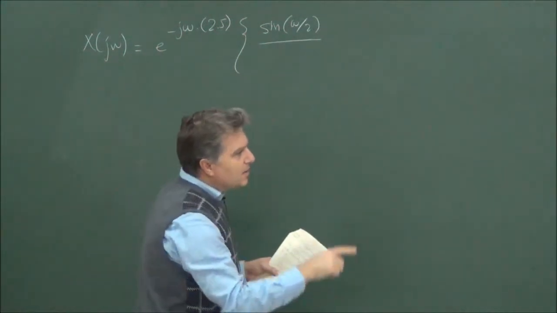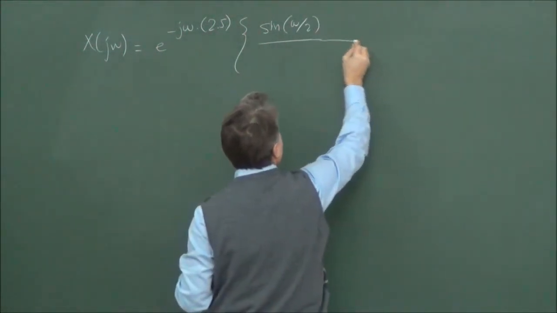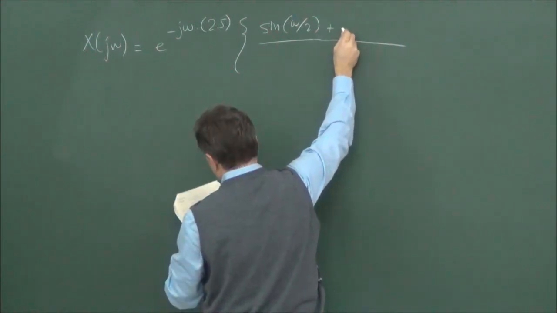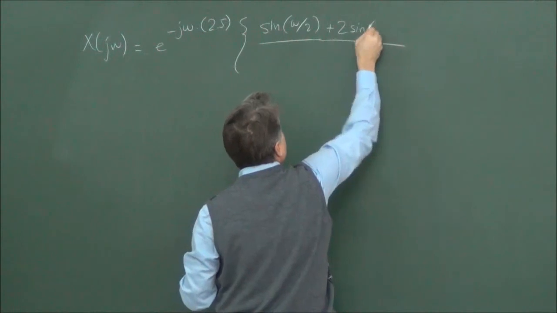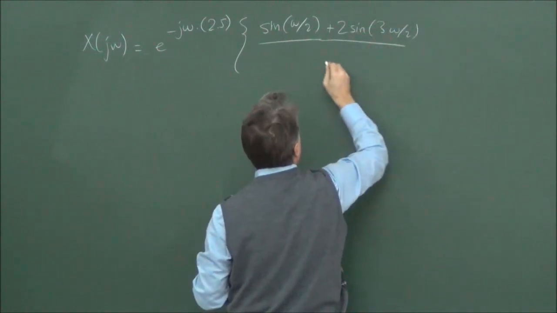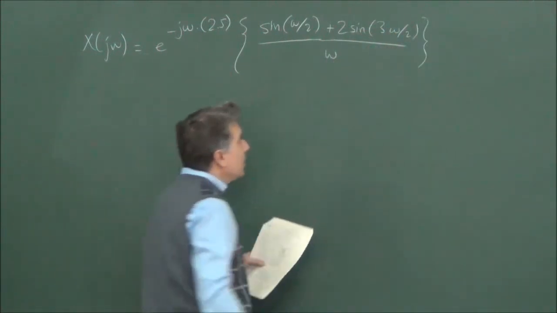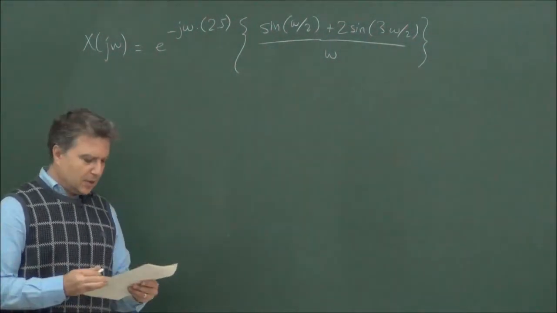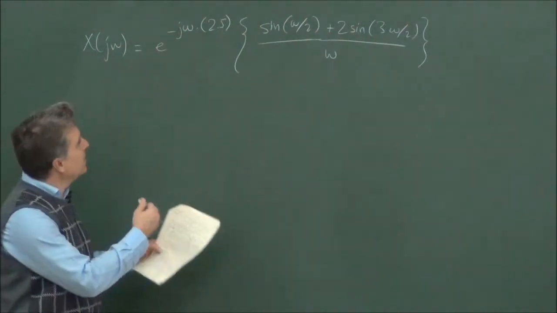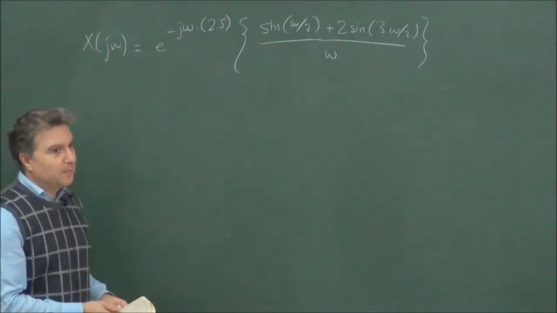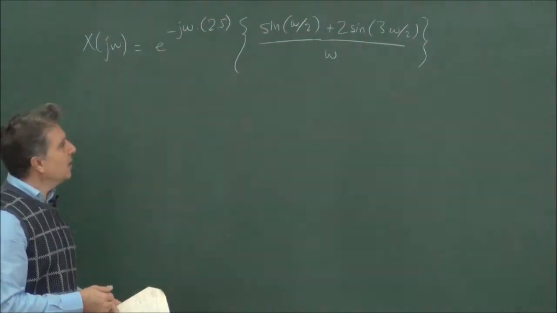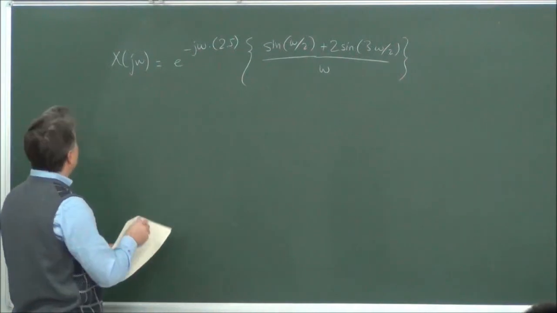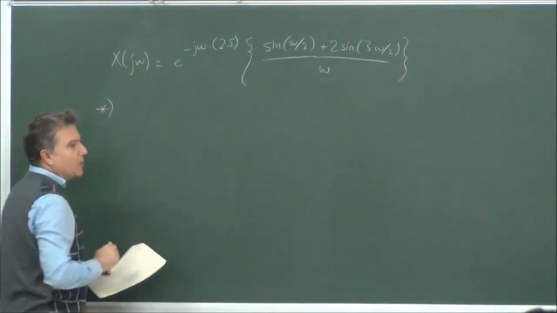The other one has the same over omega expression, so let me put a larger ratio here: 2 sine 3 omega over 2 over omega. You can safely say that this is the answer and you are finished. You may try to further simplify it if it is simplifiable. I didn't try, and that's not necessary for this example. So we are finished.